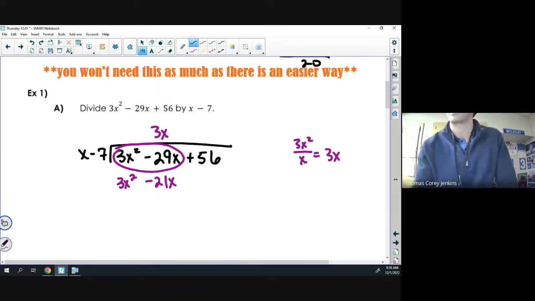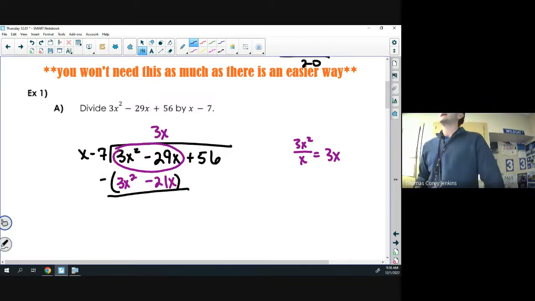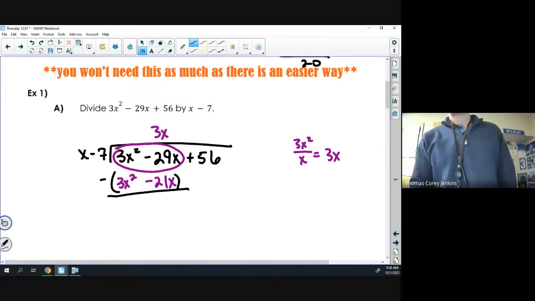So now we're subtracting. I would put parentheses around the binomial just to remind yourself visually that when we subtract a binomial, we're subtracting both terms. We distribute the negative is one way we say that, okay? So we got 3x squared minus 3x squared. That's going to cancel. That's always going to cancel. If not, you did it wrong.